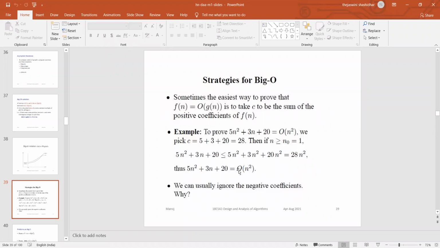Now keep this in your mind: for this constant C, you add n square. So that will give C G of n. The problem given, we consider as T of n.